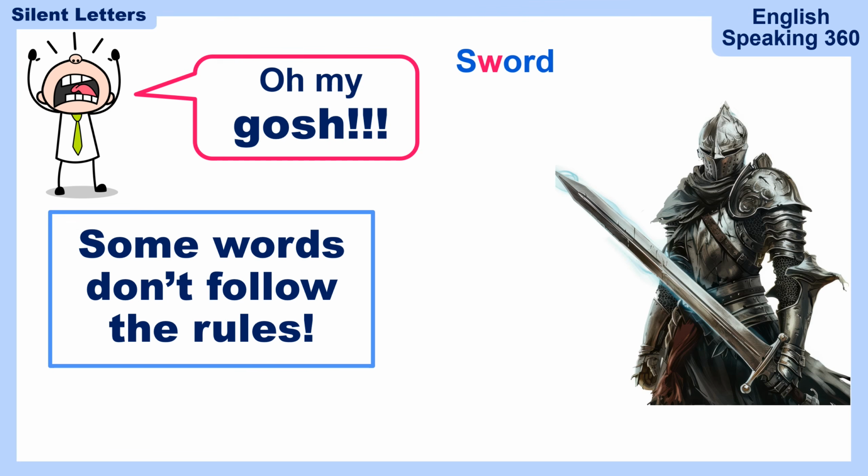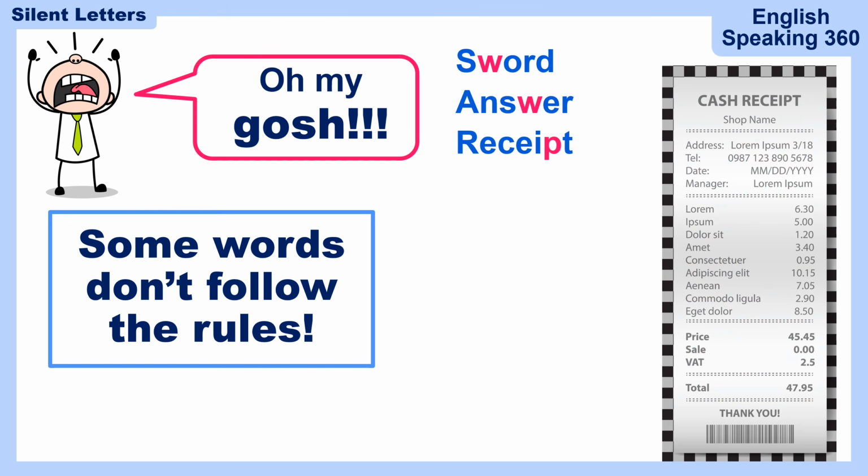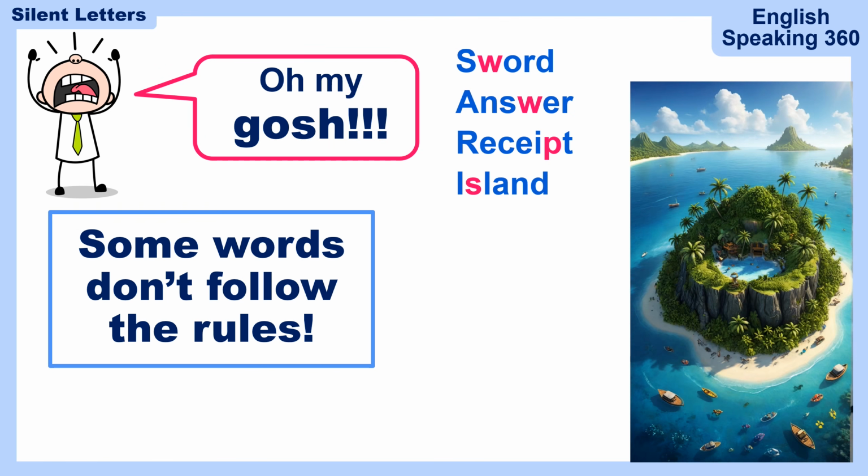The first one, sword. Many students say sword. It's not sword, it's sword. Answer. Receipt. It's not recept. Receipt. Island. Not Iceland. Iceland is a country in Europe.